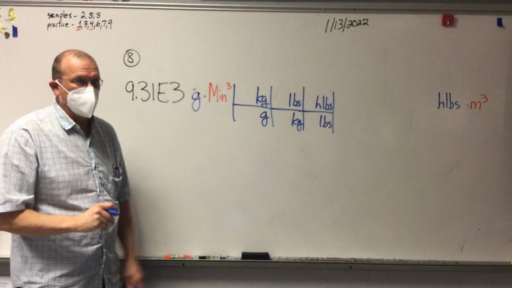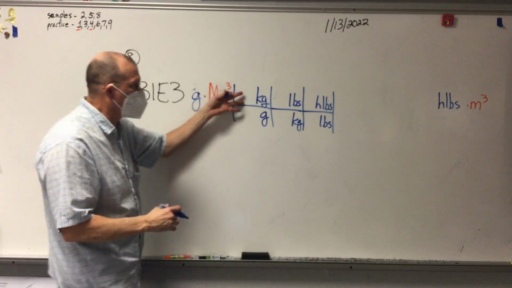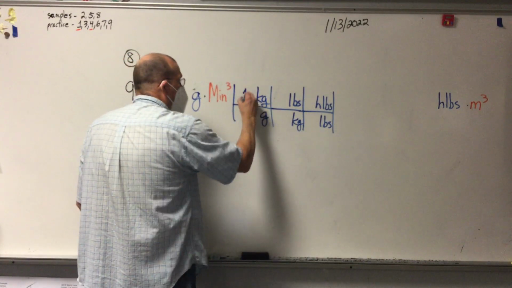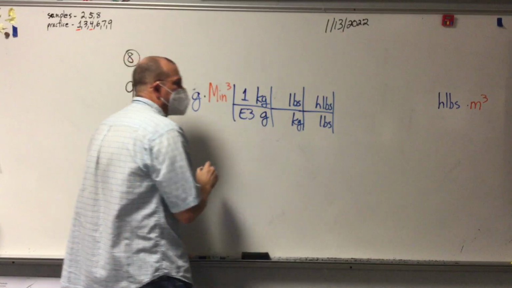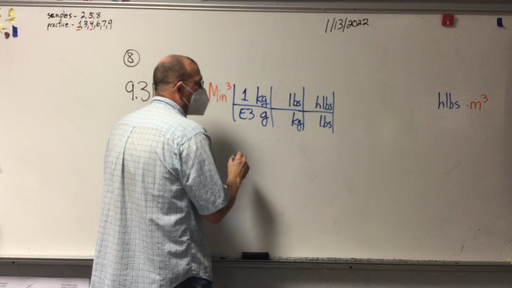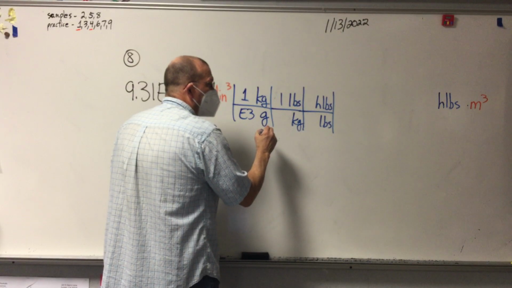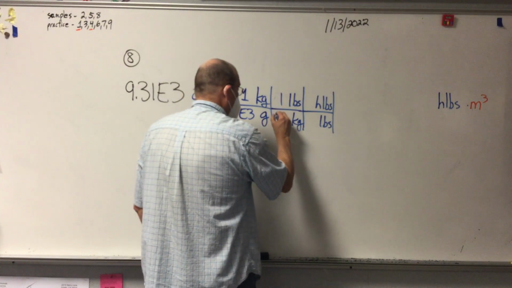All right. Now, since you did this, we'll have you give me numbers. What's going to go where, starting with this one? 1 would be on top. Okay. And then E3 at bottom. Perfect. And then 1 pound on top. And 454 or .454. Okay, very good.